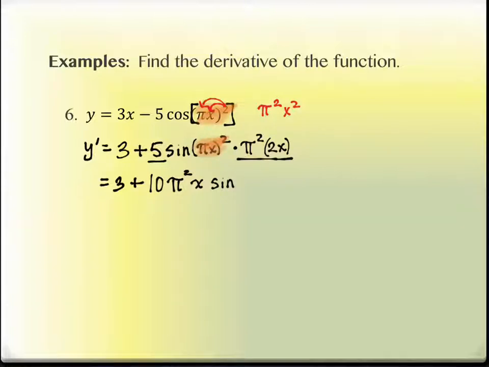And you can write the sine the same way it was before if you wish, right? Pi x squared. If you'd rather write it as pi squared x squared, you could do that as well. Either way is fine, doesn't matter. Parentheses or no parentheses, doesn't even matter on that. The inside of sine is pi squared x squared, or pi x quantity squared.